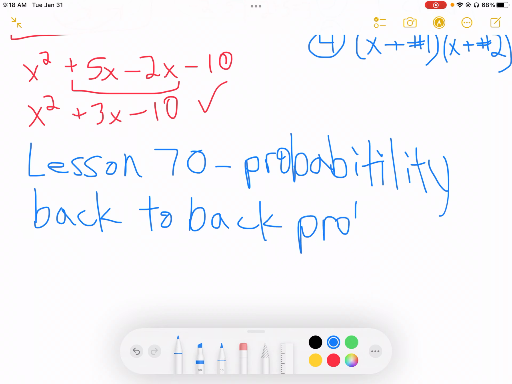Back-to-back probability is like if I keep rolling a dice, or not necessarily a dice, it can be anything, a dice, a coin. Talking about doing it over and over and over.